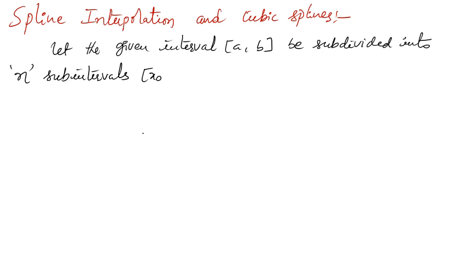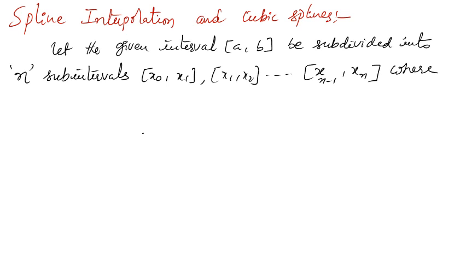What are the subintervals? [x0, x1], [x1, x2], and so on. Lastly, [xn minus 1, xn]. N subintervals with how many points? N plus 1 data points, where a equal to x0 is less than x1, less than x2, less than, and so on, less than xn, that is equal to b.